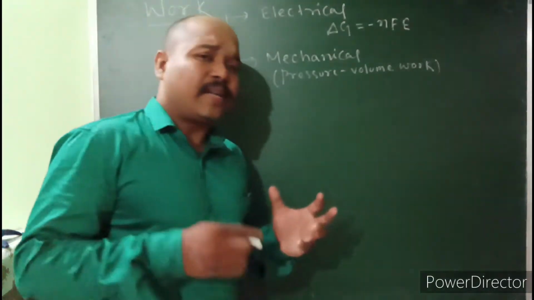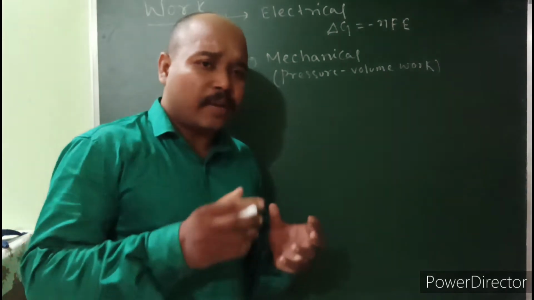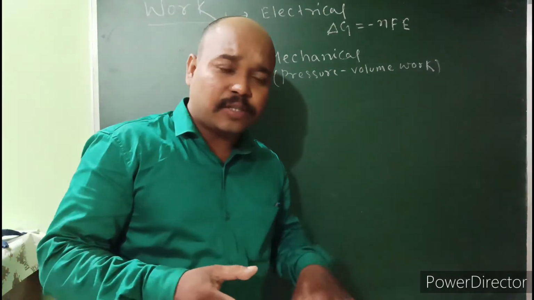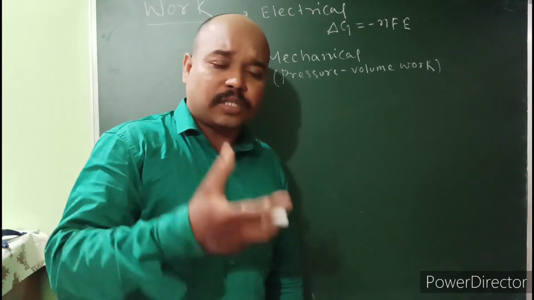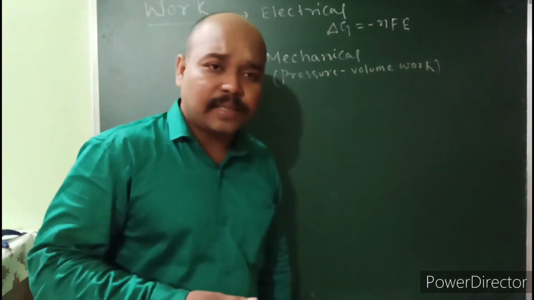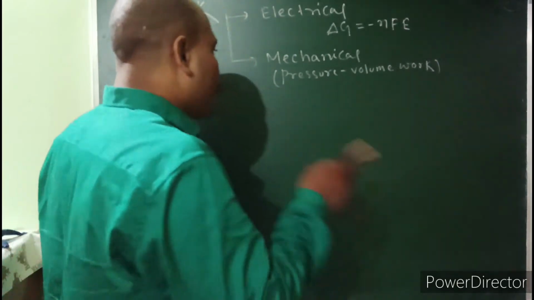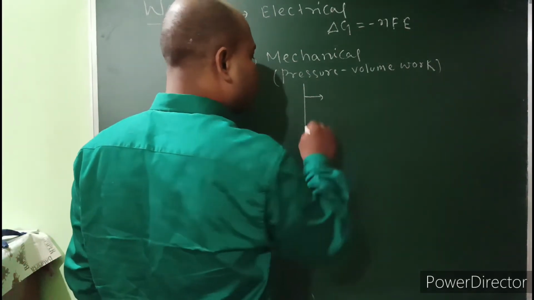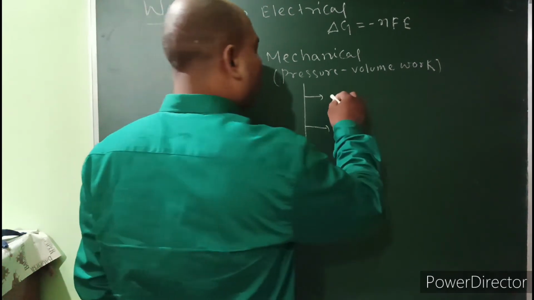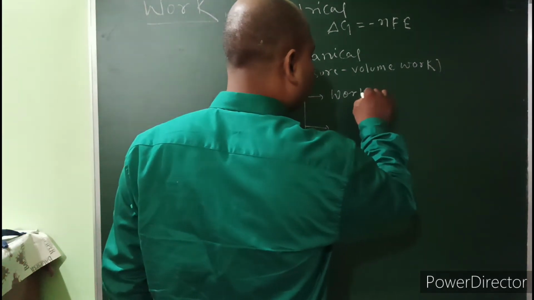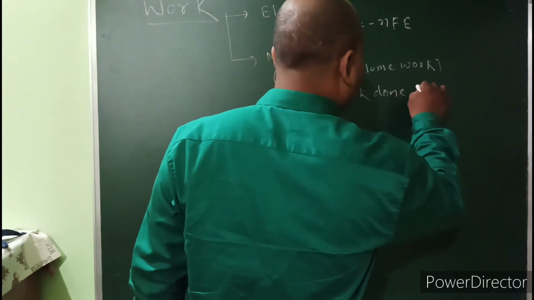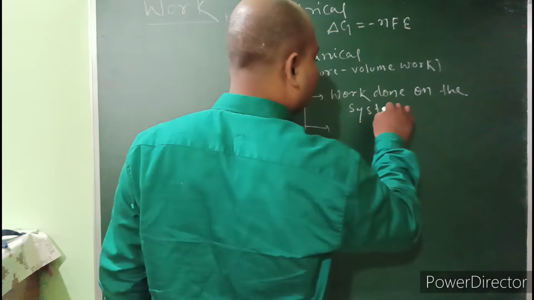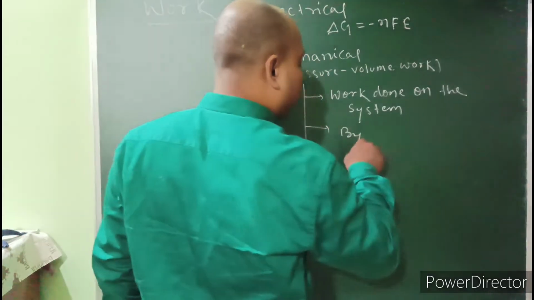Now, when we are discussing about pressure volume work, it means due to the increase or decrease in pressure, the volume of the system may increase or may decrease. On the basis of that, mechanical work is further classified into two types, that is work done on the system or by the system.